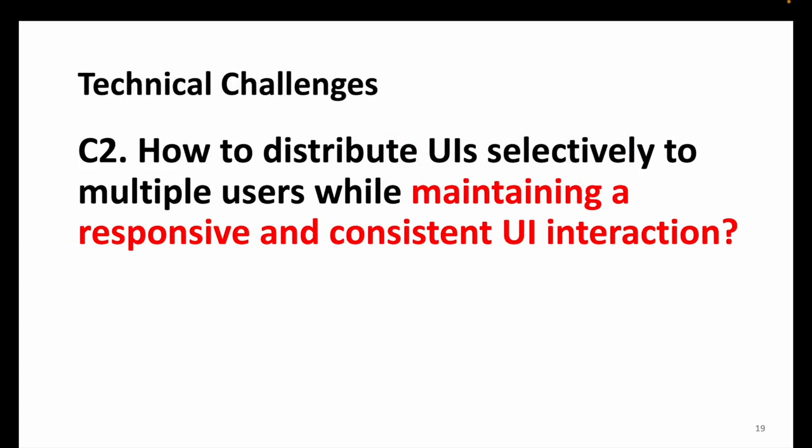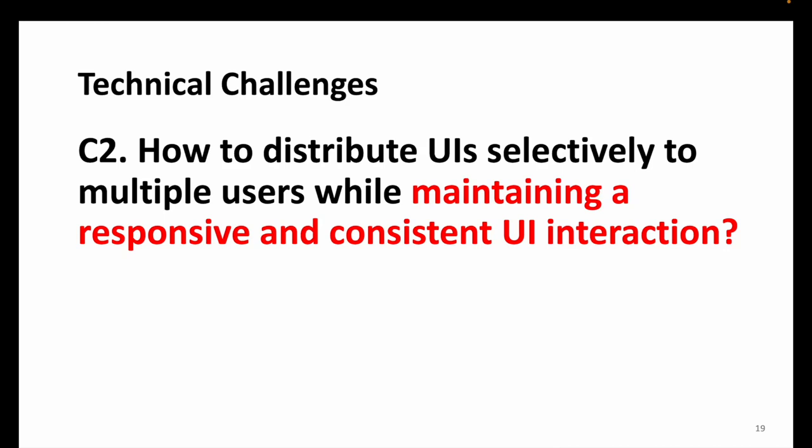Another important consideration is maintaining responsive and consistent UI interaction across all user devices. This is especially critical in the IoT landscape, where unsynchronized UIs may lead to unintended user action due to misinterpretation of device state.